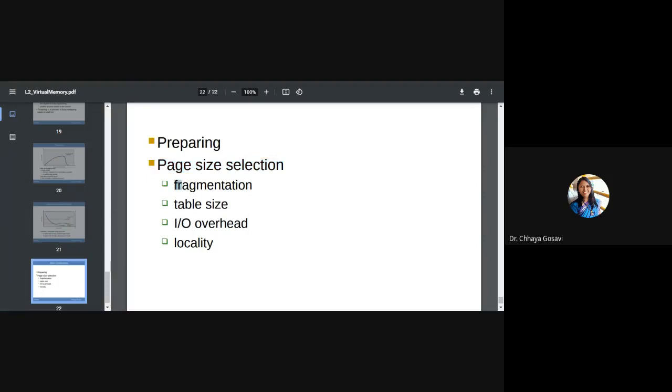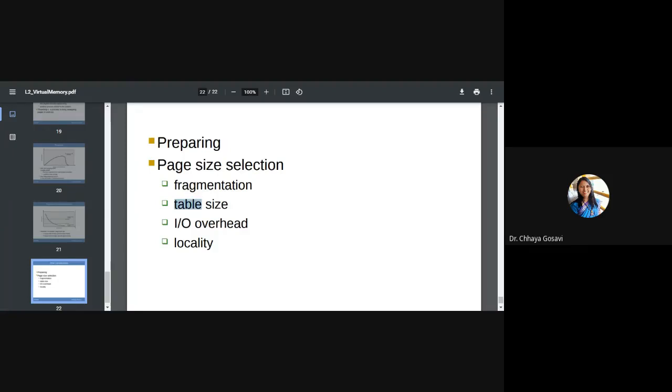It depends upon fragmentation. If you choose a very large page size, it will increase internal fragmentation. If you choose a very small page size, it will increase external fragmentation. Then table size. Which table are we talking about here? It is the page table.